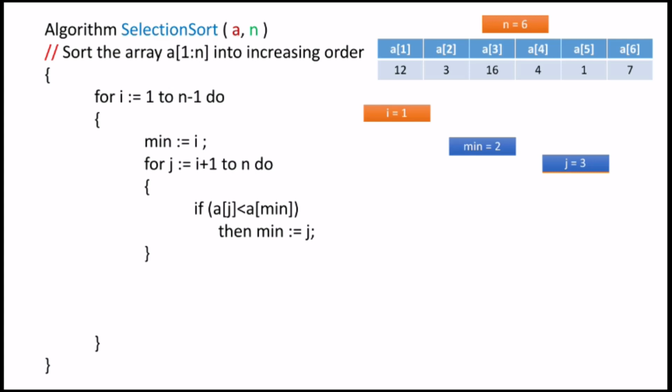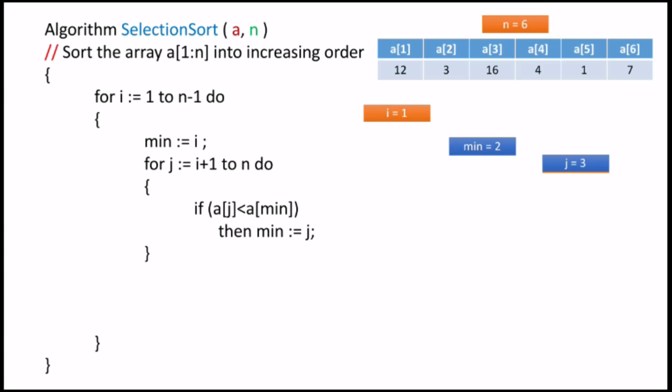So here 16 is the third number and 3 is present on minimum position. So in this condition 16 is greater than 3. That means condition is false, and because condition is false, the minimum value will not be changed. So the minimum number's position will remain as it is.